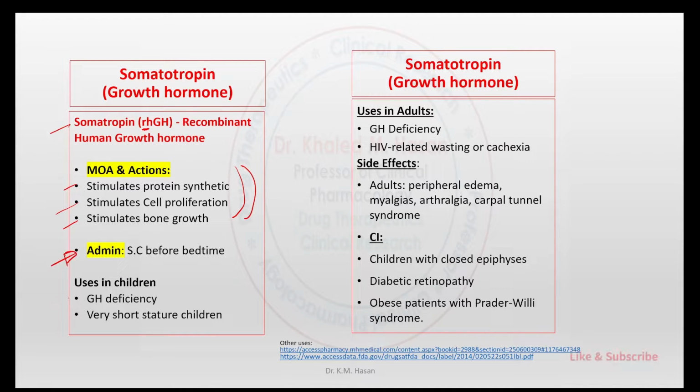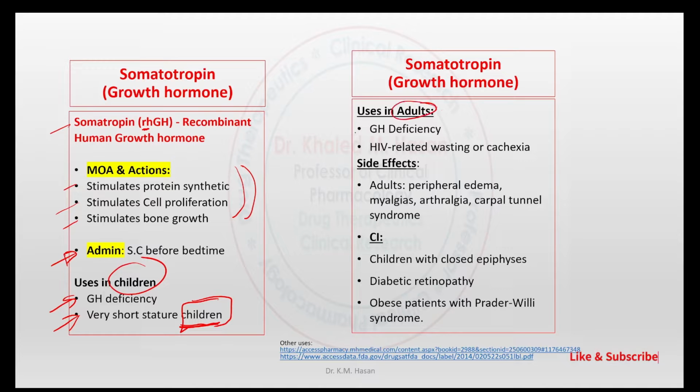Growth hormone can be used in children suffering from growth hormone deficiency, or children with very short stature compared with normal healthy children. What about adults?